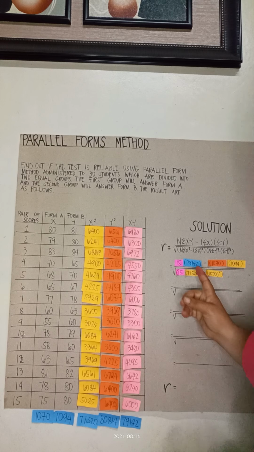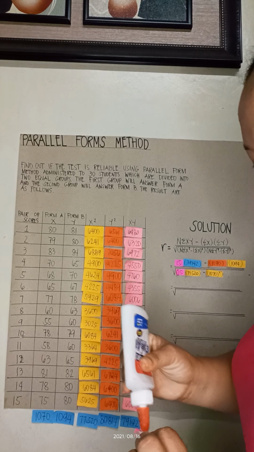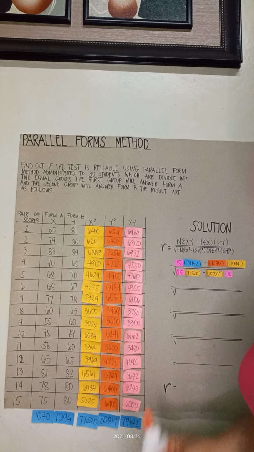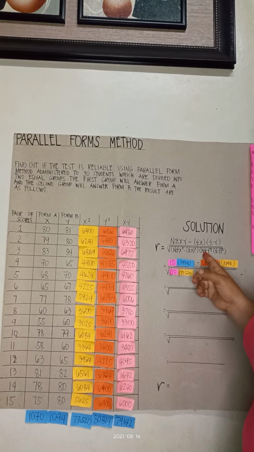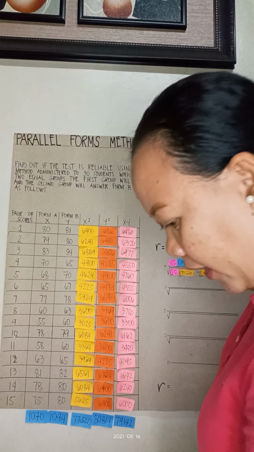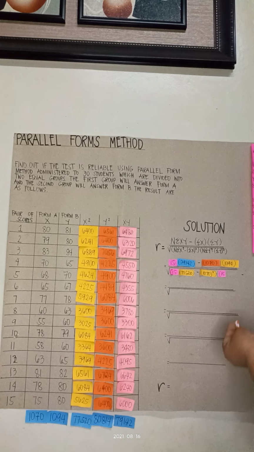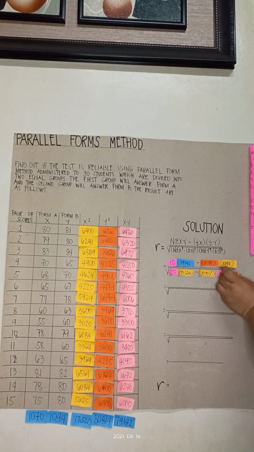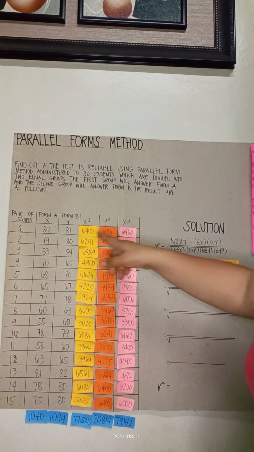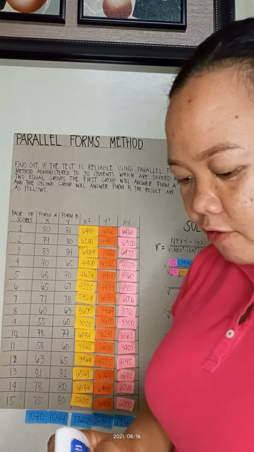Next, put again the number of pairs, n, which is 15, times the summation of y squared, which is 80,814, minus the summation of y, which is 1,094, squared.